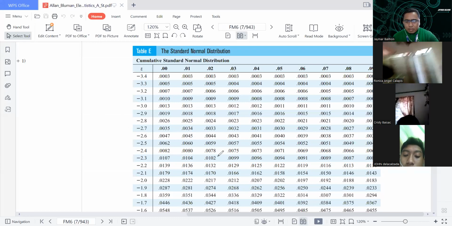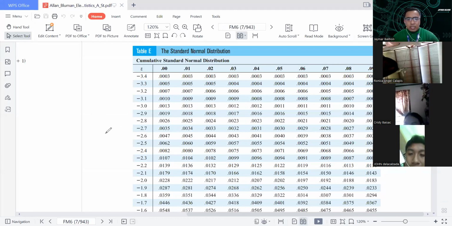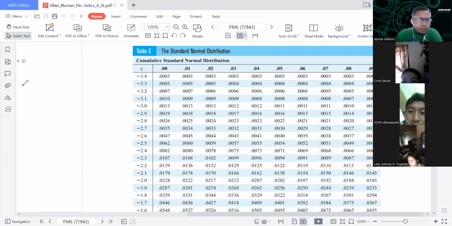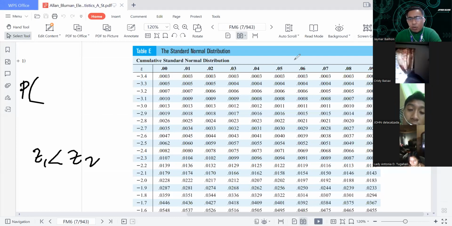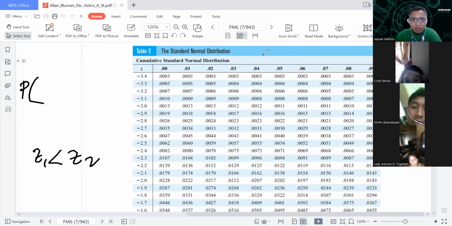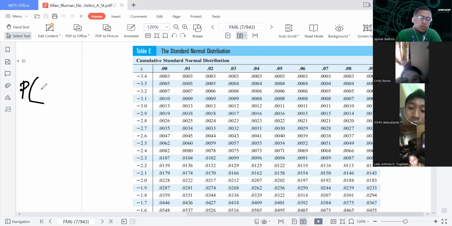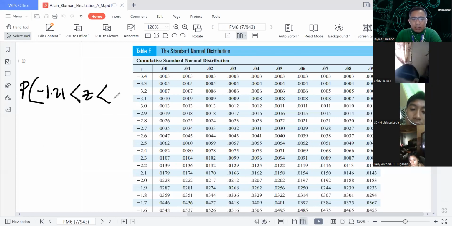Okay. Let us have an example. What is the probability of, for example, by the way, z sub 1 should always be less than z sub 2. It will not happen that z sub 1 is greater than z sub 2. So for example, you have z sub 1 of negative 1.21 and z less than 2.01.